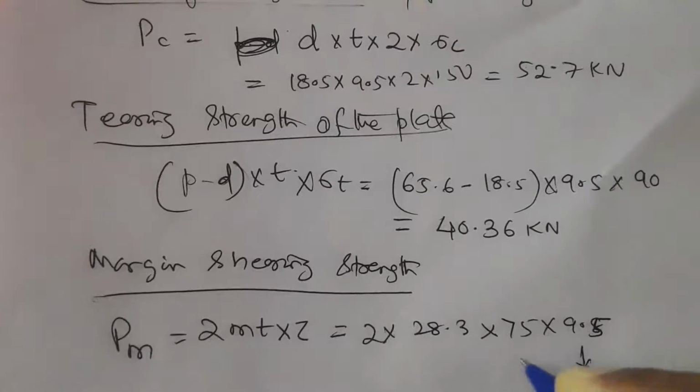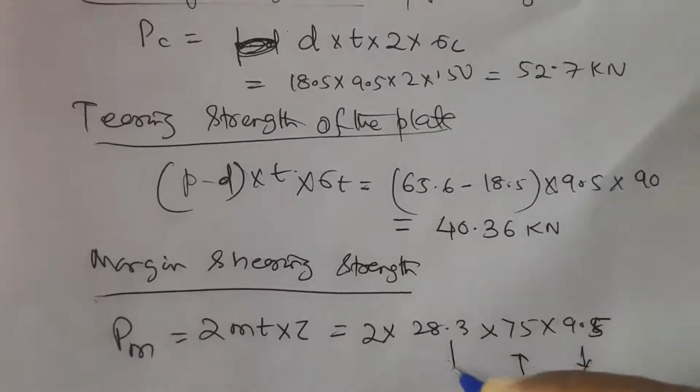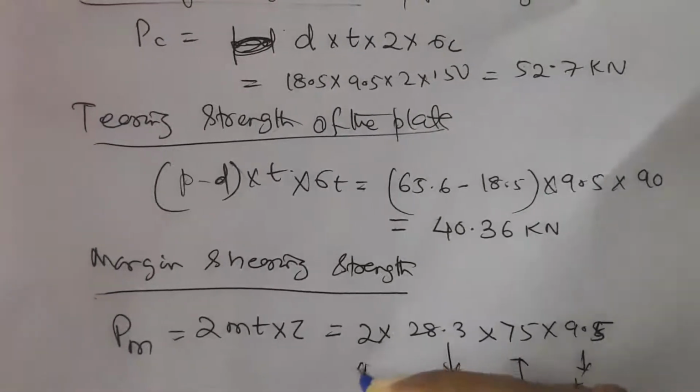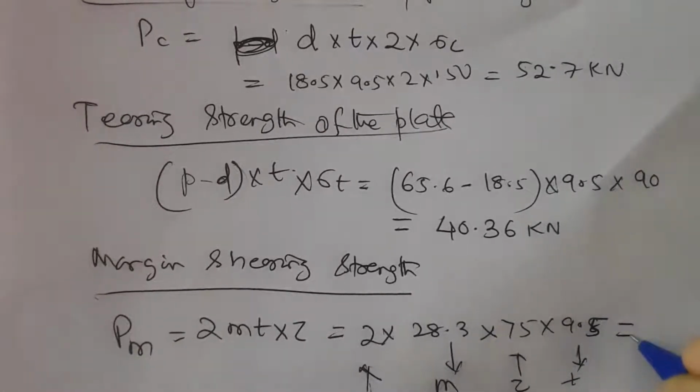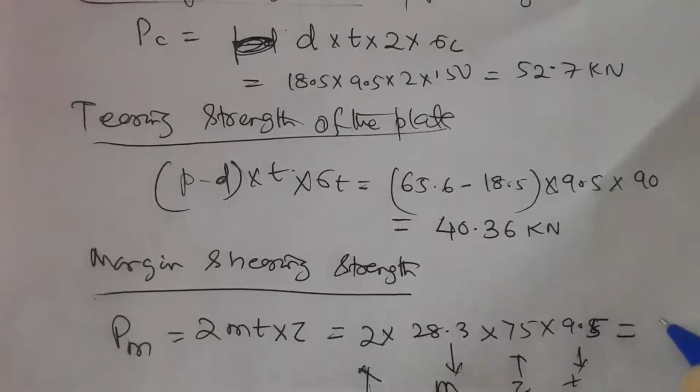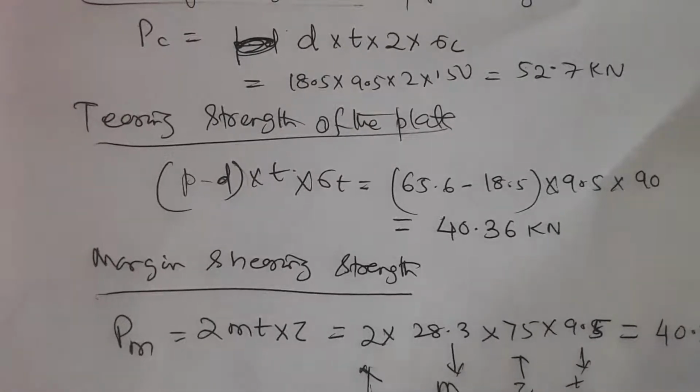So this is T, this is tau, this is M, and this is 2. So margin shear is coming out to be 40.32.